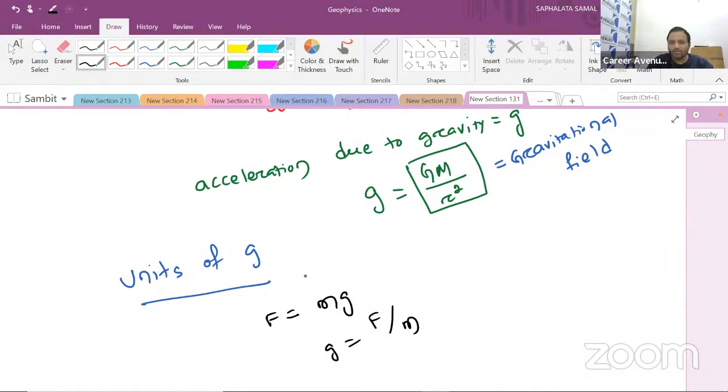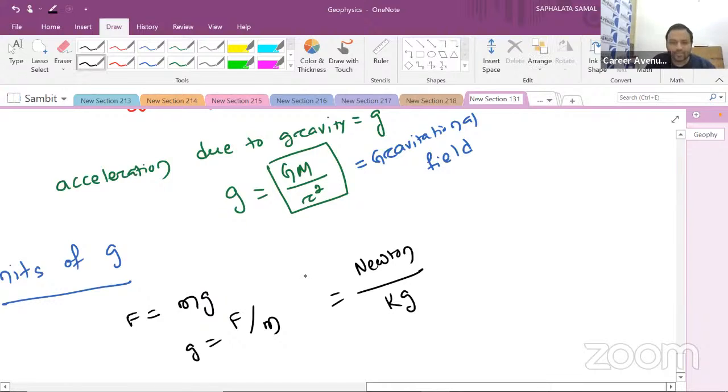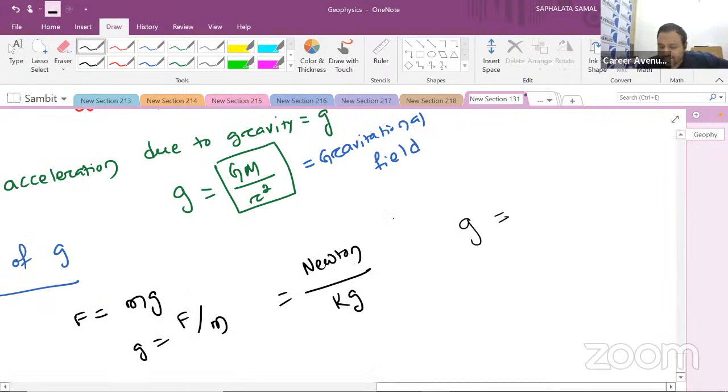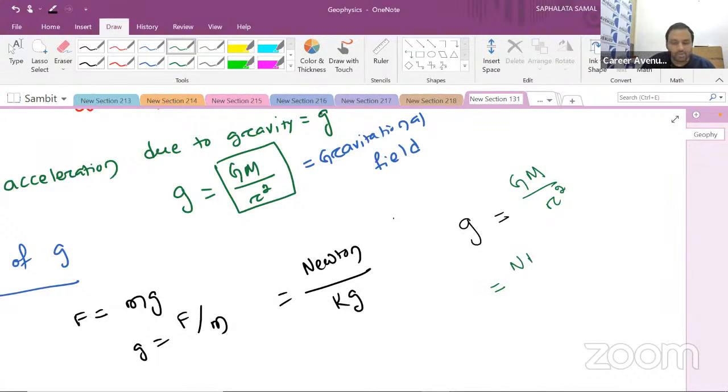F's unit is Newton, m's unit is kg. Lakshmi, it is not gravitational potential, it is gravitational field. I can also write g is equal to GM by r square, where G's unit is Newton meter square per kg square.